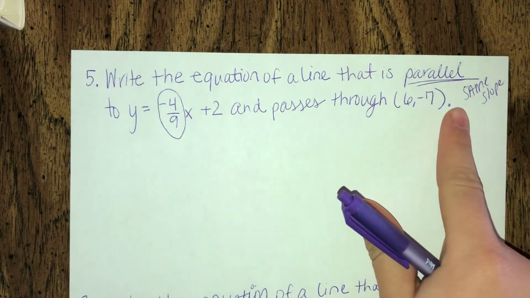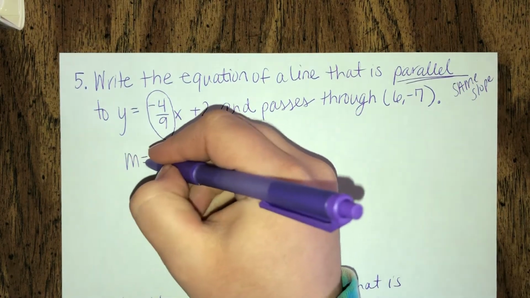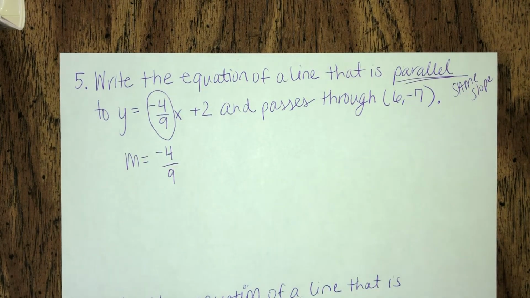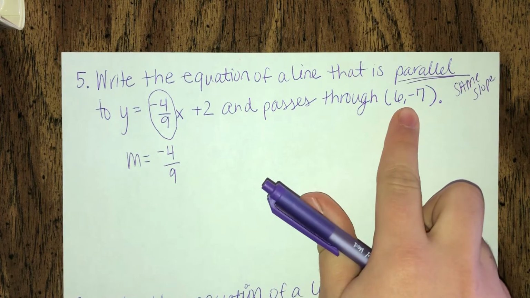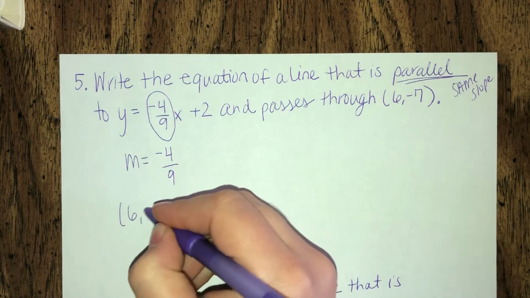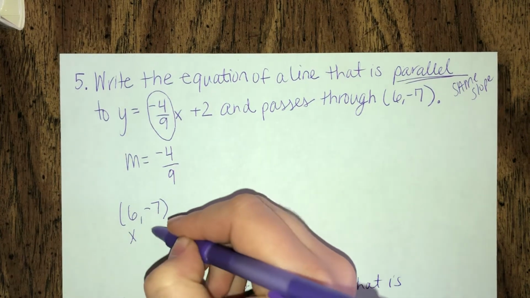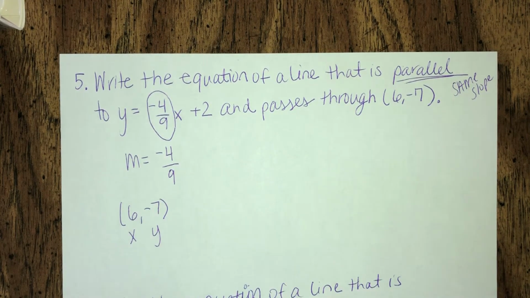And because I know it's got to be the same, I know that my m is going to be -4/9. If I keep reading, it has to pass through this point, which means 6, -7 is the point we have to use. Not a bad idea to remind yourself which one's the x and which one is the y.